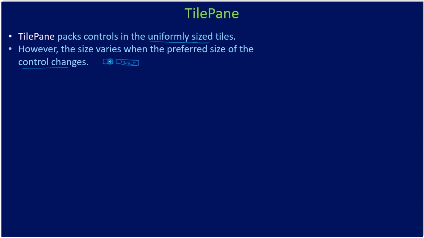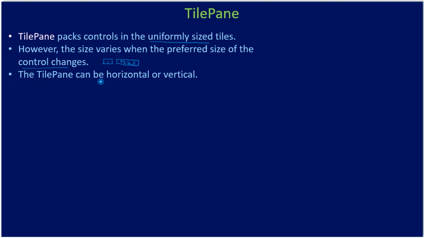For the first button only one letter is displayed, and for the second button it needs to display 4 characters, so the width changes. This is called the preferred size to display the content fully. So based on this preferred size, the size of the tile may vary.